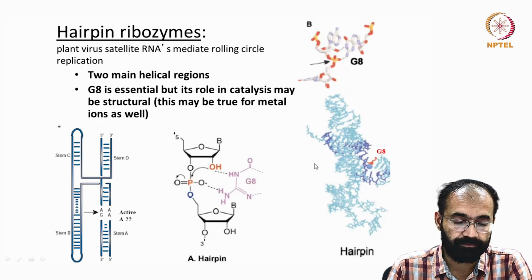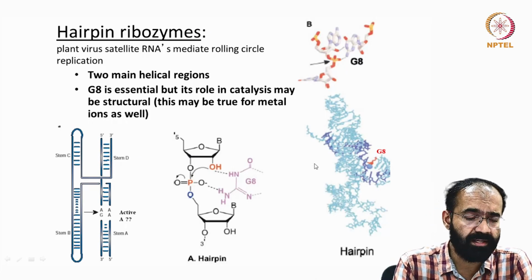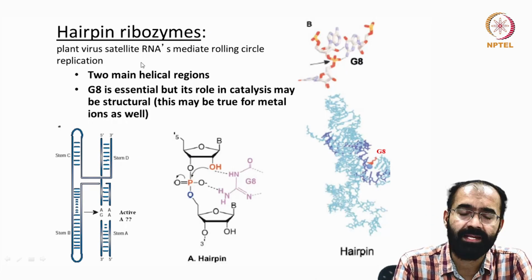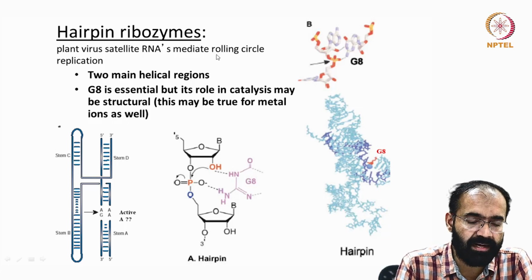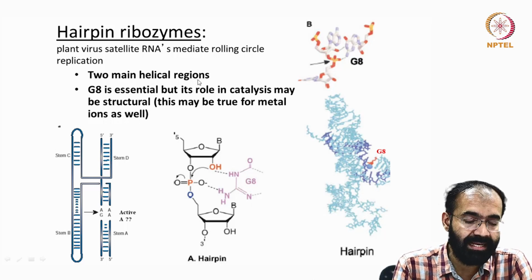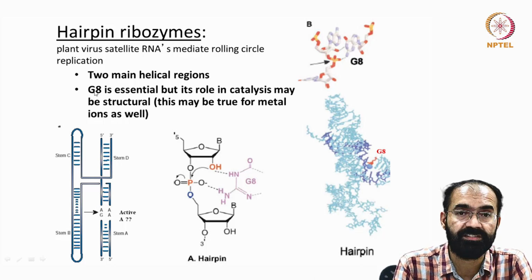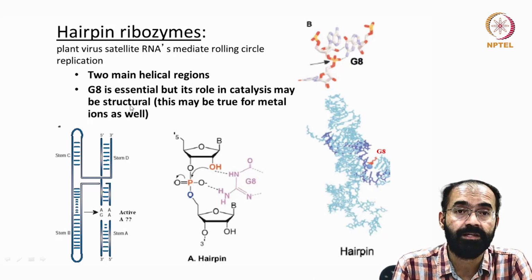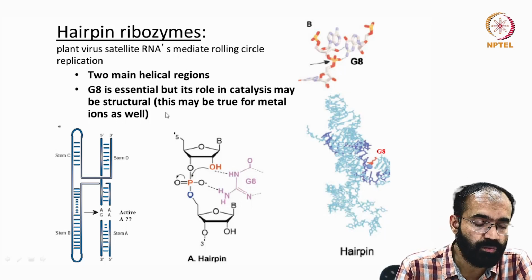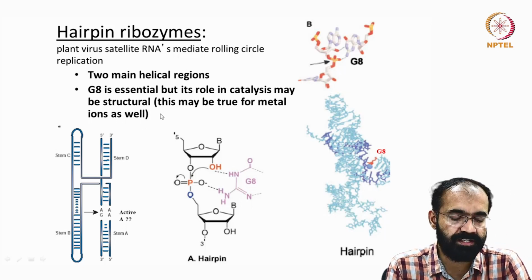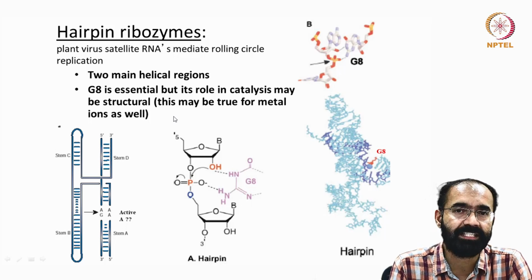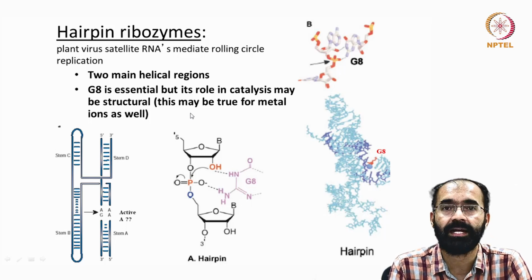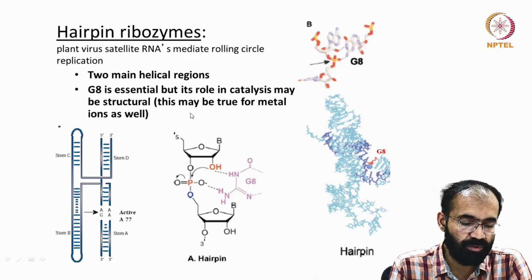If you look further into the hairpin ribozyme, many plant viruses and satellite RNAs mediate rolling circle replication. It has two main helical regions, and one of them is called G8. G8, guanosine 8, is essential, but its role in catalysis may be purely structural. This may be true for various metal ions, which we discussed many times, like magnesium and manganese; such divalent cations stabilize the ribozyme structure.